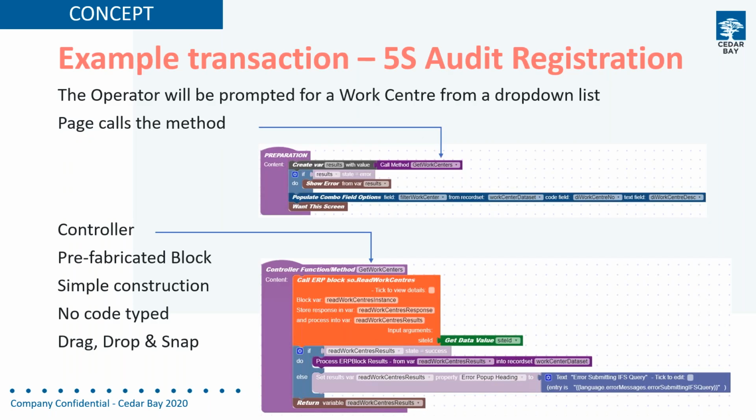If I go into a bit more detail, behind the select work center action, the top half of the code says go and get me the work centers, and that's actually calling a controller, which is a predefined, prefabricated block of code to go and pull back the work centers. And all this is created very simplistically.